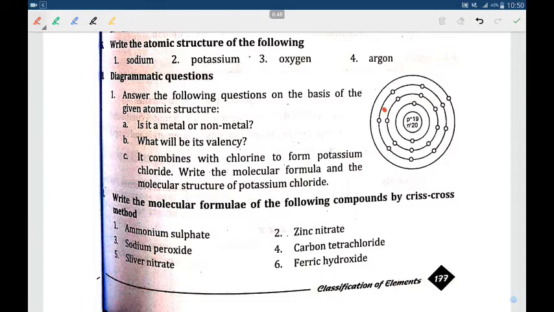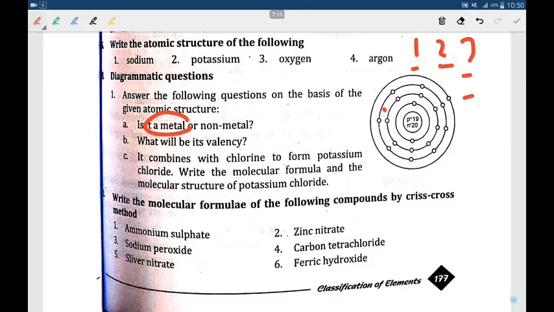Students, how to identify whether it is metal or non-metal? If there are 1, 2 or 3 electrons in the valence shell, that is metal, otherwise non-metal. So in its valence shell, how many electrons are there? 1. So it is metal.